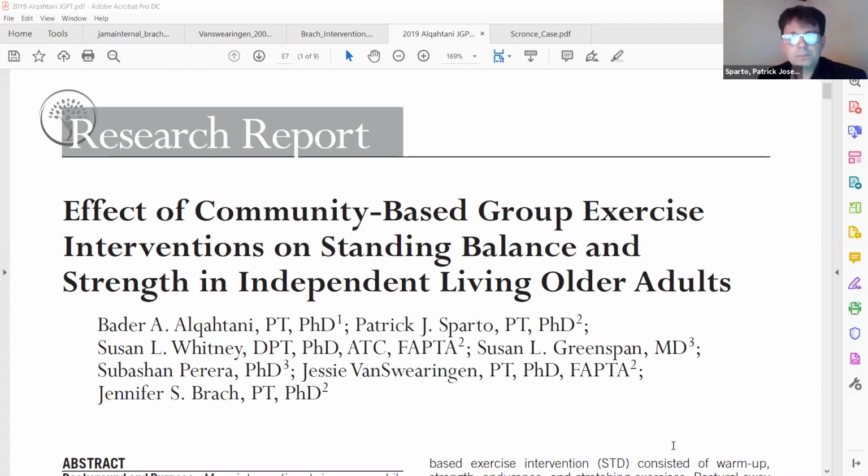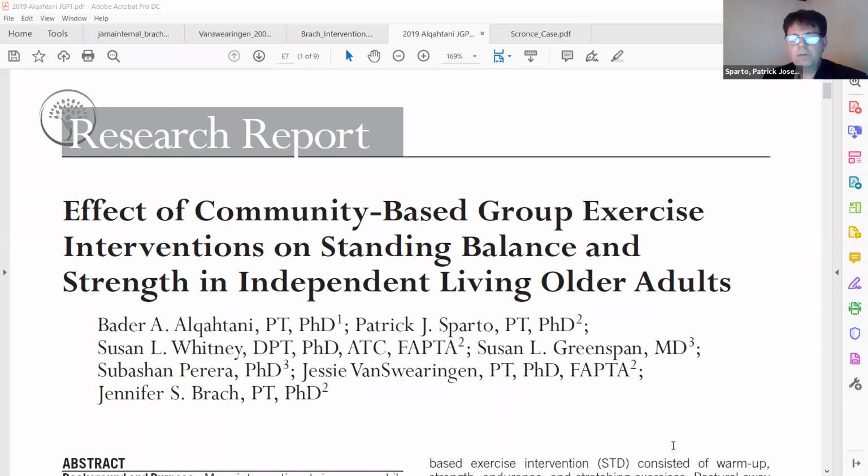to look at the group exercise interventions. One of the important parts of the PCORI Institute is to really involve patients in their medical decision-making.